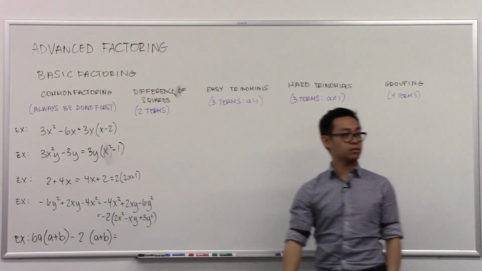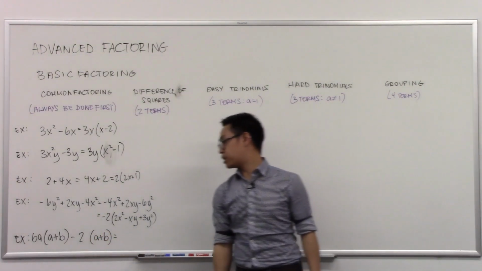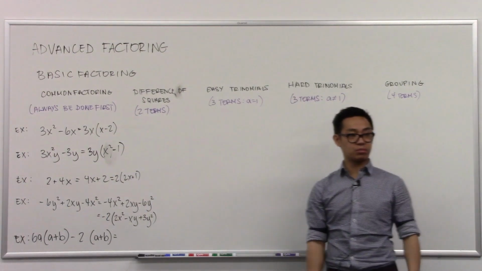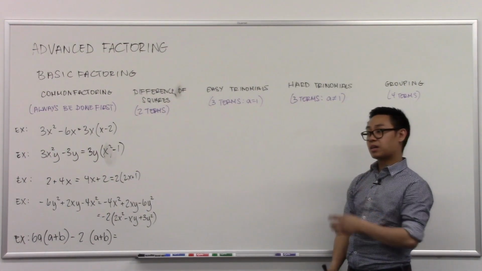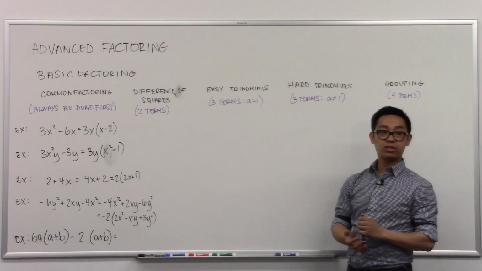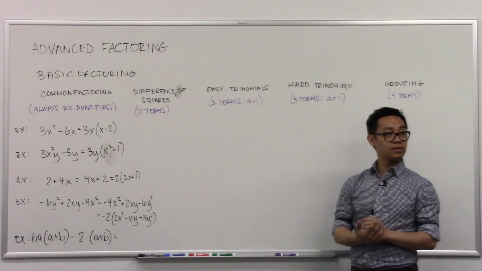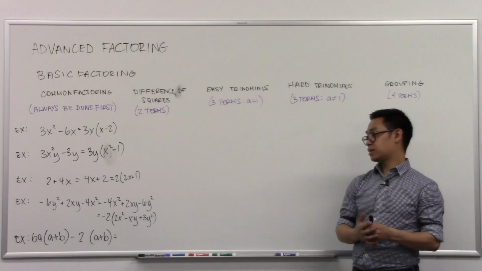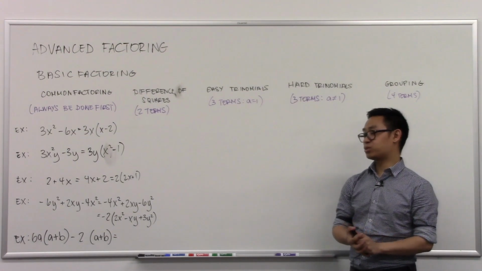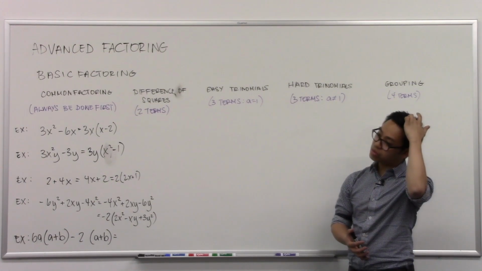There's no a there. Yeah, 6(a plus b) minus 2(a plus b). How many terms are there? The options are either 2 or 4. Are there 2 terms or 4 terms?